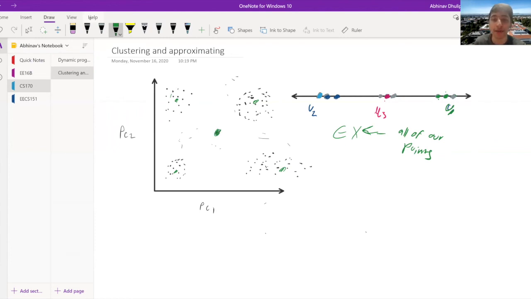Well, what can we say about this point and this property here? We know that this point is part of a cluster. Now, the thing to notice about this point here is that it's the farthest.